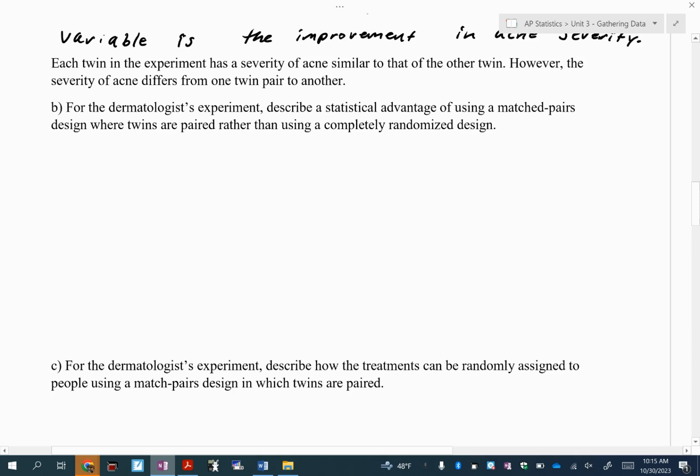There are other things that go into the fact that acne occurs in your body, and I assume they're talking about their face, like diet, genetics, things like that, stress level. So by using the twins, the matched pairs idea is we can hopefully account for that variation and hone in on just the difference that we care about, which is the difference between the placebo and the new drug.